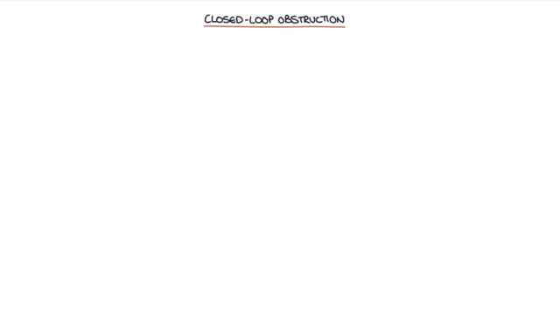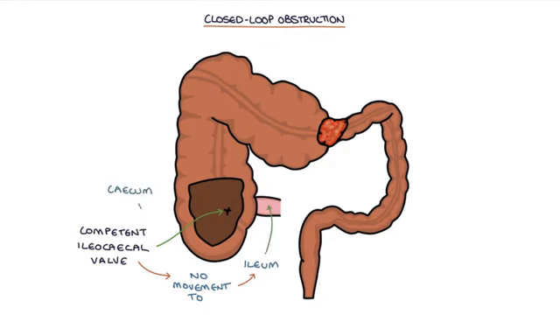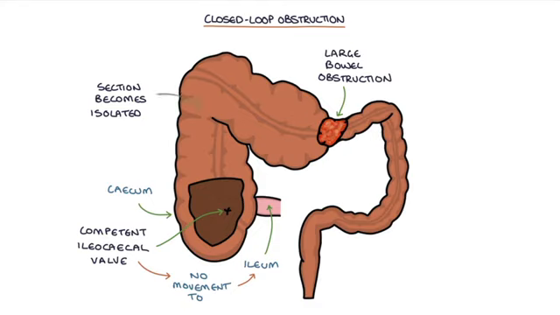A competent ileocecal valve does not allow any movement back into the ileum from the cecum. When there is a large bowel obstruction and a competent ileocecal valve, a section of the bowel becomes isolated, as the contents cannot move in either direction, either past the obstruction distally or through the ileocecal valve proximally.